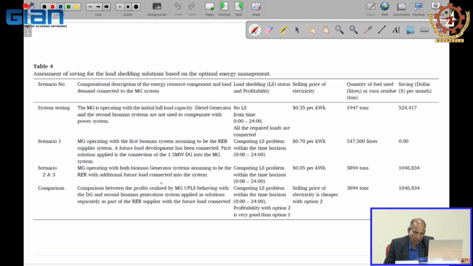So with this scenario, when you are using the biomass system, you can see there is a significant reduction in the electricity cost. Whereas initially you were using a huge amount of diesel, now it means that diesel you can optimize.